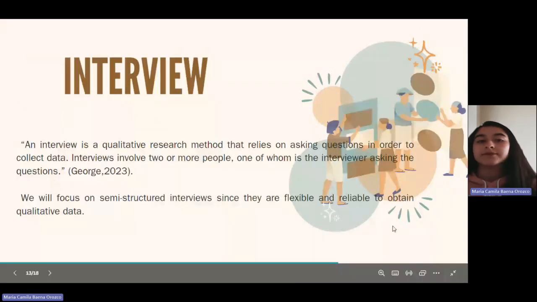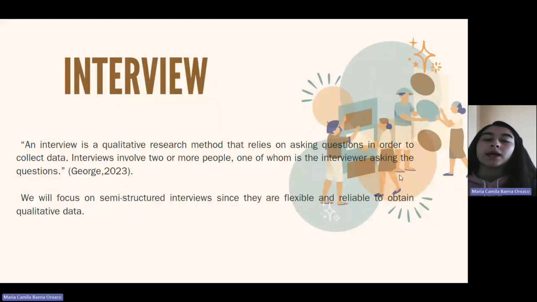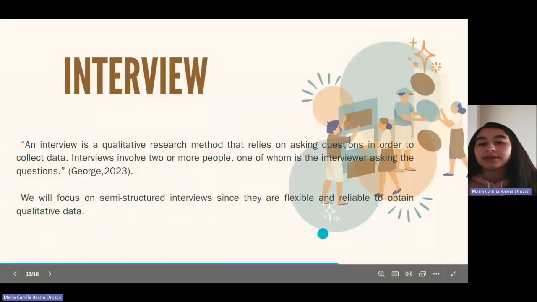An interview is a qualitative research method that consists of asking questions in order to collect data. Interviews involve two or more people, one of whom is the interviewer asking the questions. George 2022. We will focus on semi-structured interviews since they are flexible and reliable to obtain qualitative data.